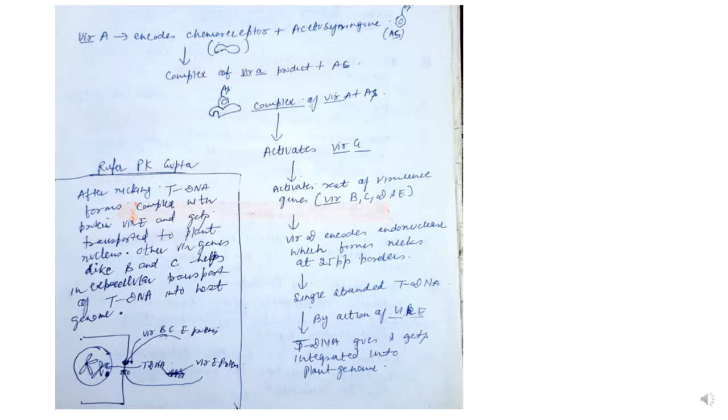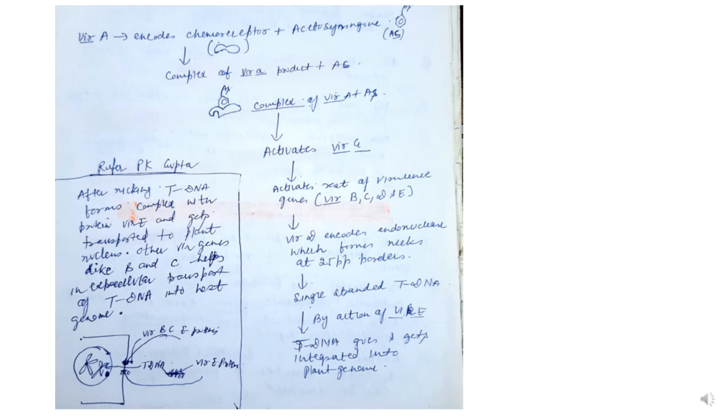The other genes like Vir B and Vir C help in extracellular transport of tDNA into the host genome. So this is how the transfer of tDNA occurs naturally from Agrobacterium tumefaciens to the host genome when the Agrobacterium infects the wounded host cells.